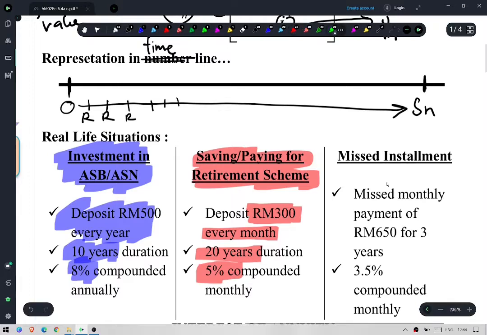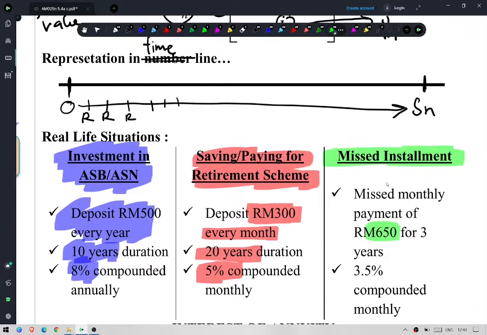Or maybe you missed your installment. Let's say you have to pay for your car 650 ringgit monthly, but you missed it for 3 years. So the bank must penalize you, because you have late payment.